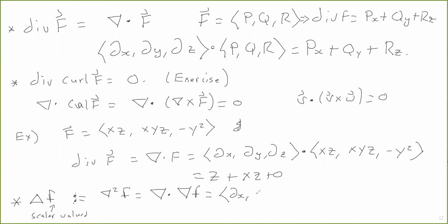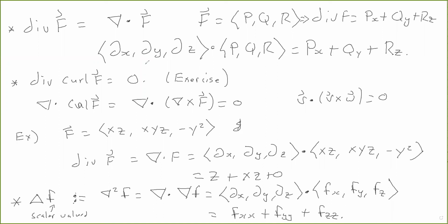This would be partial x, partial y, partial z, dotted with the gradient of f, fx, fy, fz, and this is just equal to the second x derivative plus the second y derivative plus the second z derivative. Okay, this is something called the Laplace operator, and it comes up a lot in physics. Okay, that is all that I want to say about divergence at this point.